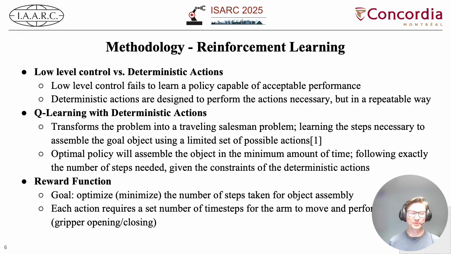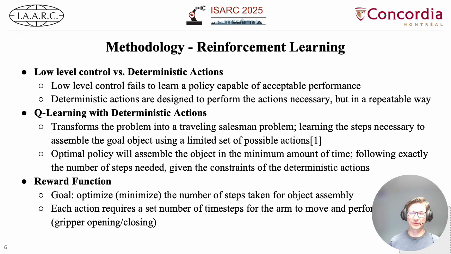For reinforcement learning, we initially worked on using low-level control and then looked at using deterministic actions. In the case of low-level control, we found that as the task complexity increased beyond a simple pick and place, the algorithms had a very hard time actually solving it, and the success rate, even for a simple pick and place, was very low.